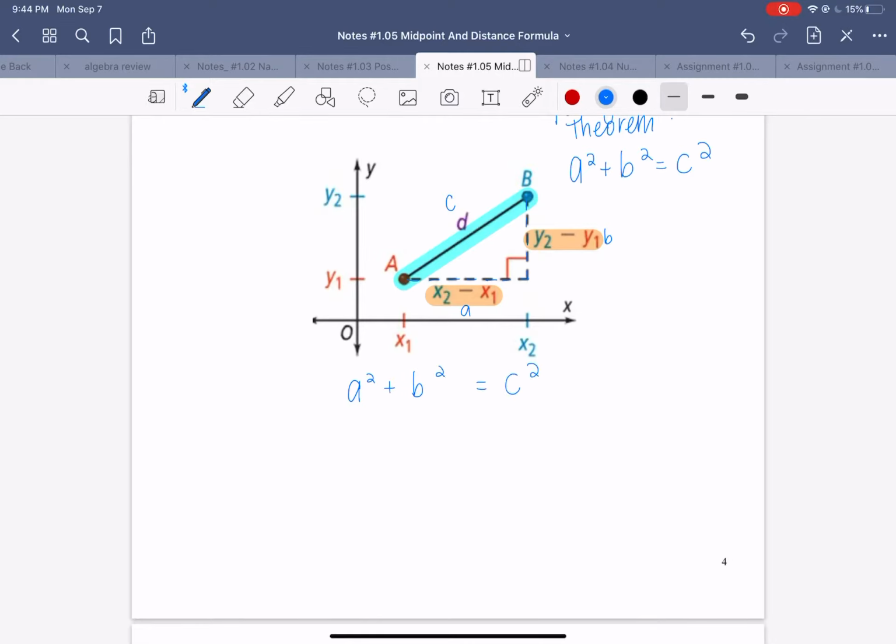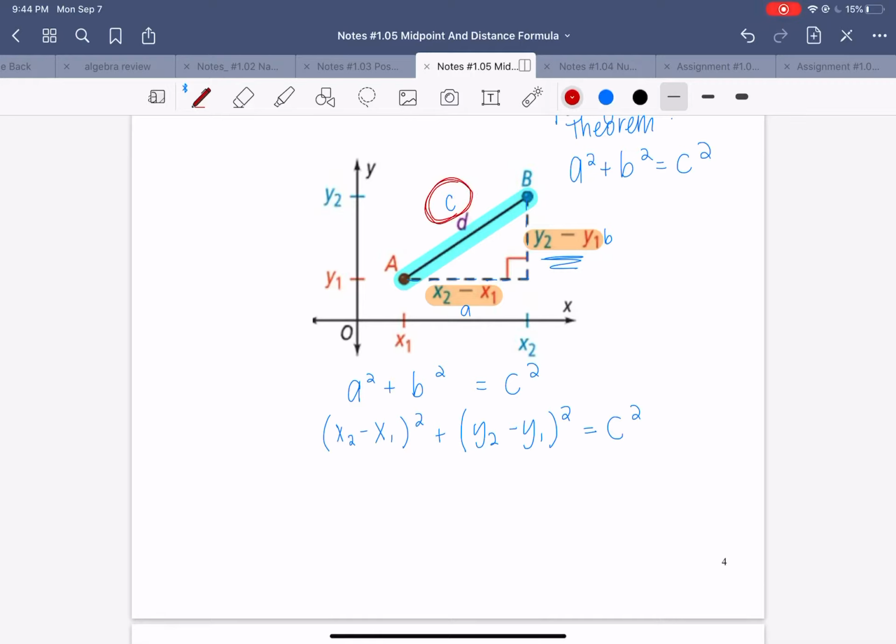All right, so a, they have it underneath as x2 minus x1 squared. Then we're going to add b, which is labeled as y2 minus y1 squared. And then they have c squared. But remember that distance is only c.